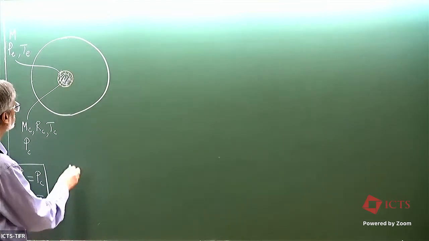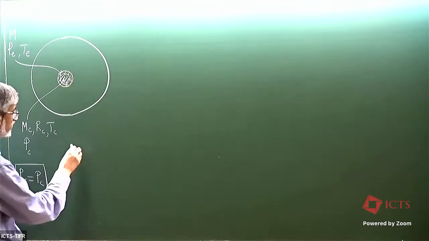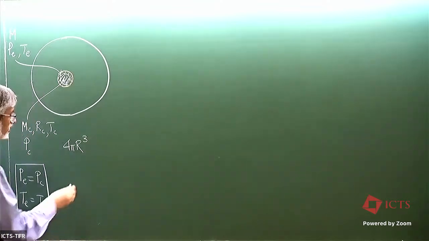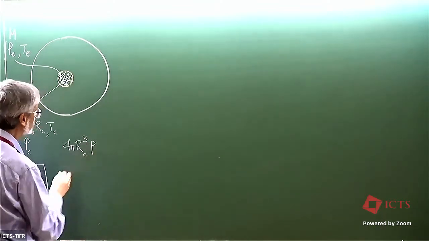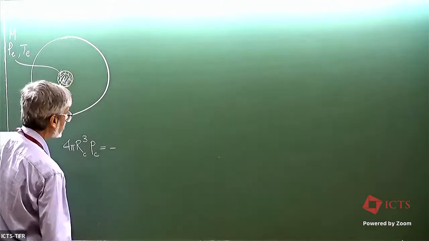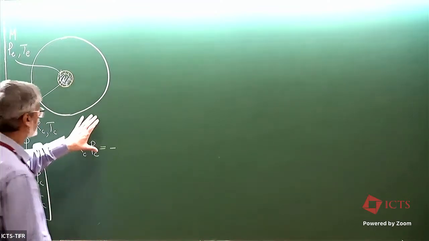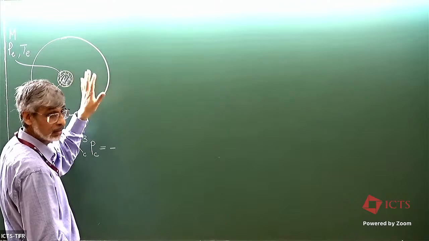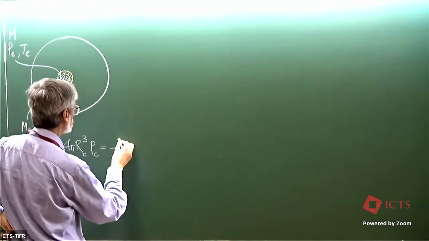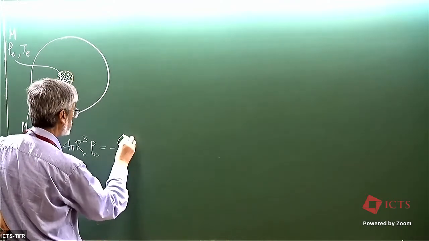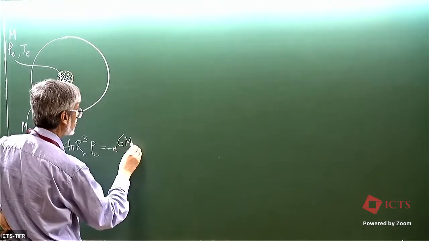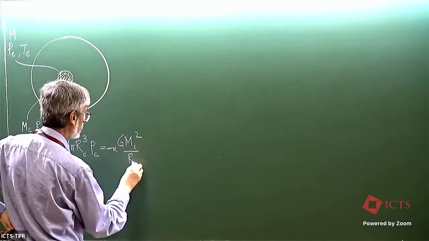So to look at this equilibrium condition, what we did was to use the stellar virial theorem, where we had 4 pi rc cubed Pc is you have gravitational energy and twice the thermal energy. The gravitational energy is minus G, there will be some constant, G mc squared over rc.